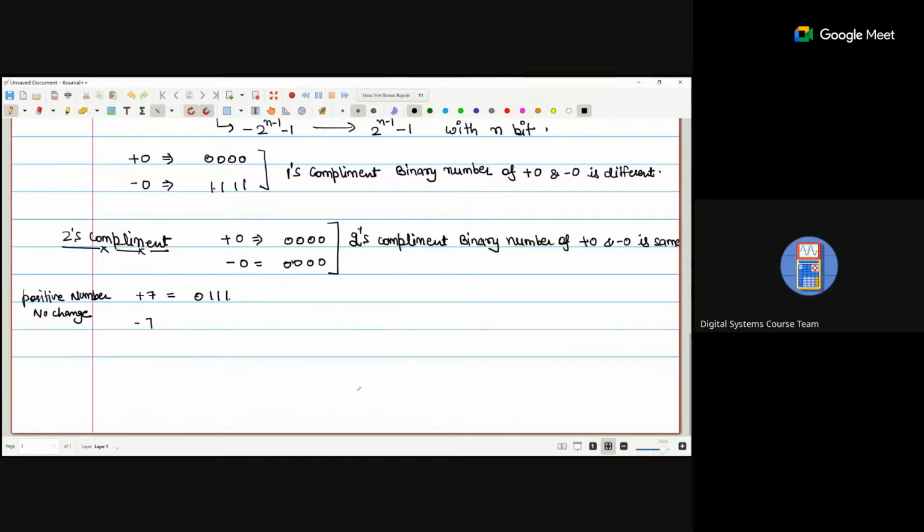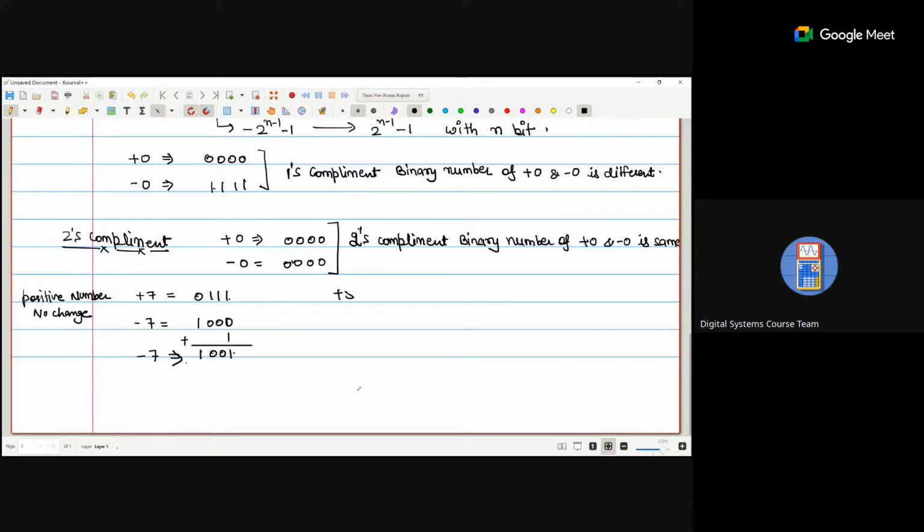If I write minus 7, first I write plus 7, then take the one's complement, so it becomes 1 0 0 0. Now add a 1. So 1 0 0 1. That is for minus 7.